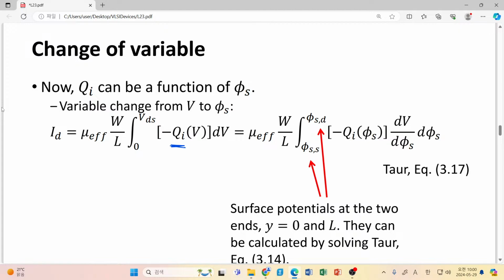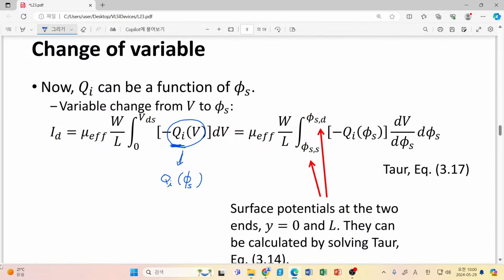Of course, QI can be written in that way, as a function of surface potential. So you must feel something strange. Up to now I told you that there is a one-to-one correspondence between x and phi, and now this says that between V and phi s there is a one-to-one correspondence.